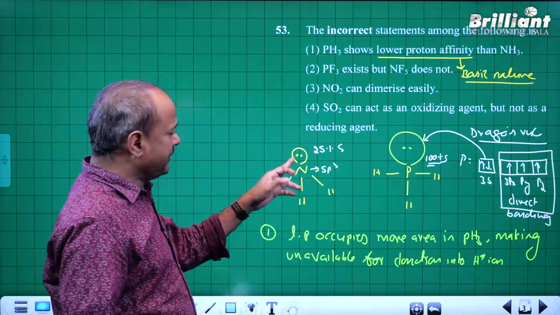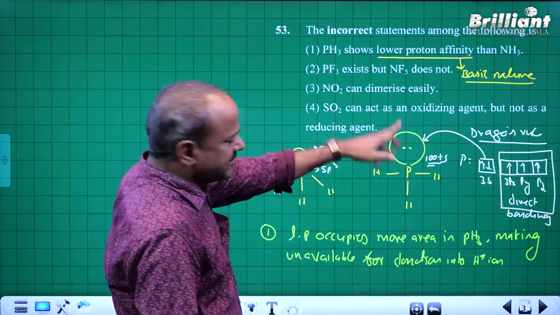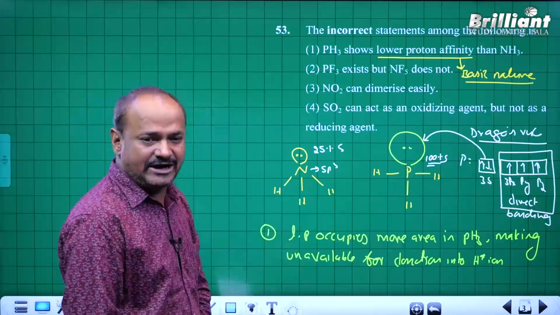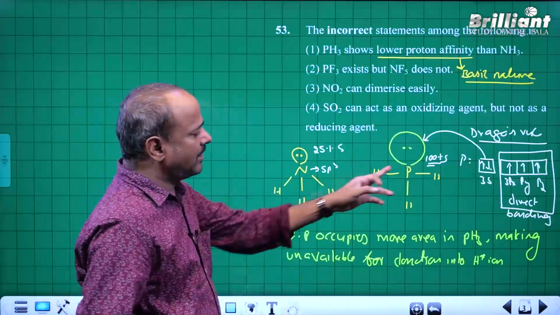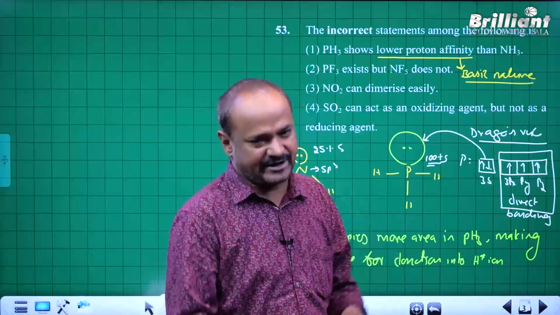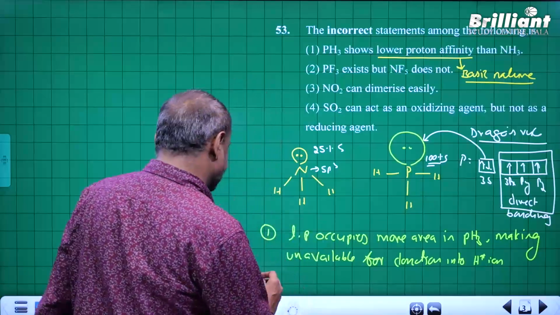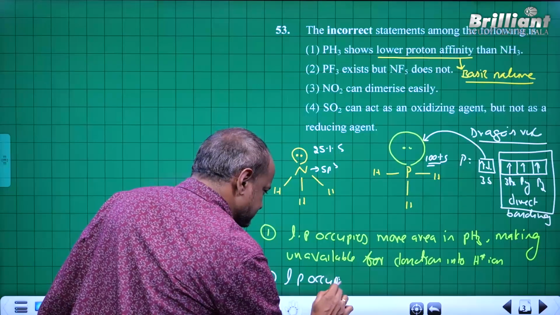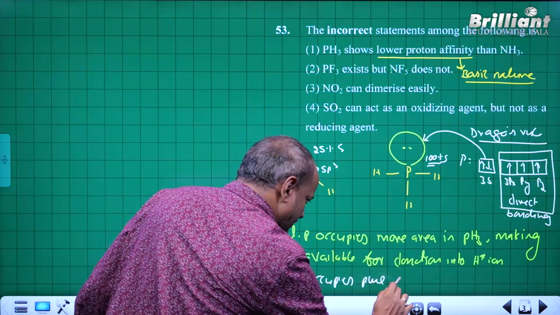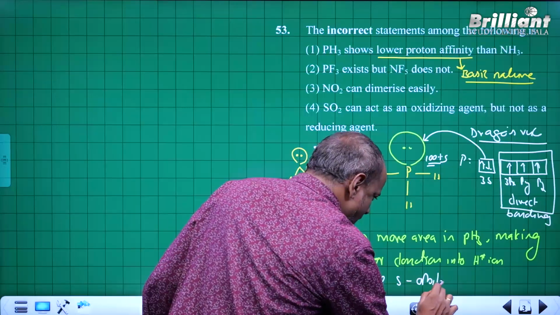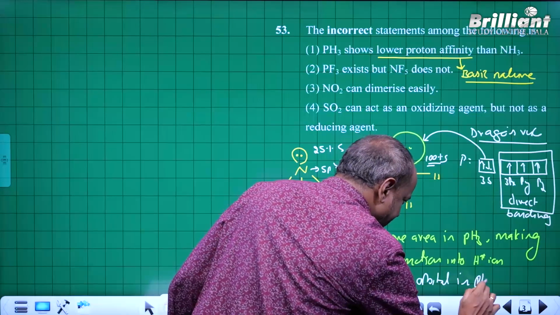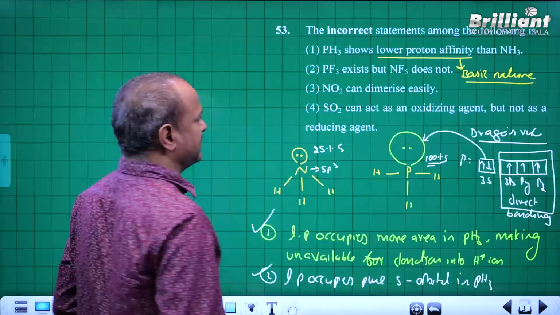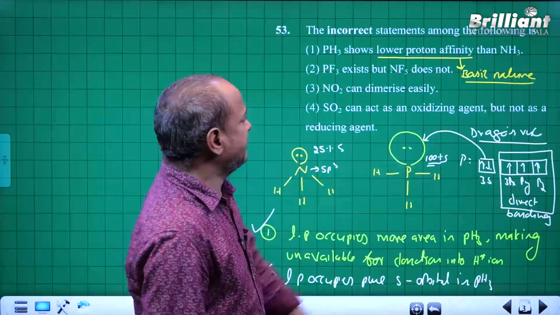So that is why 25% s character versus 100% s character of the lone pair. The lone pair is a little free in the nitrogen atom of ammonia, but not free in PH3 because of strong force of attraction from the nucleus. That is the second reason: the lone pair occupies a pure s orbital in PH3. These two are the correct reasons. So the first statement is exactly correct.